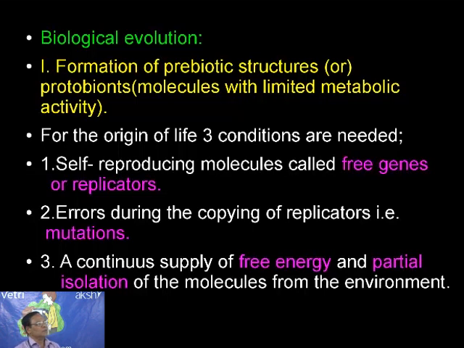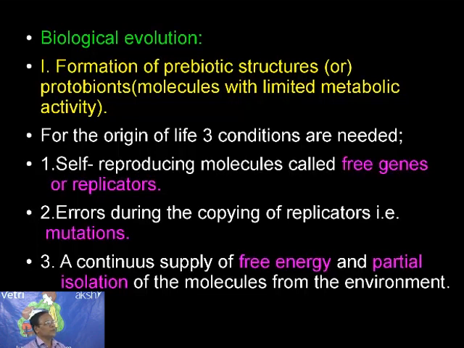Then, for the biological evolution, or for the evolution of any living thing, or for the origin of any new life, we need three components. One, the free genes, or the replicators. These are nothing but self-reproducing structures, or self-multiplying molecules. So they are simply called the free genes or the replicators in the beginning.